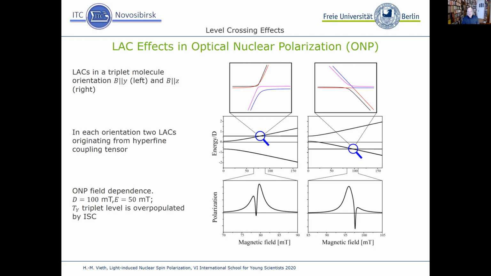And we see in the middle the level crossings which occur when we have the zero field splitting tensor and superimposed the variation of the Zeeman energy, which starts growing linearly with the magnetic field. And at the two blue circles, we have these level crossings.